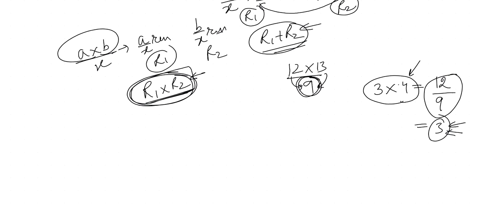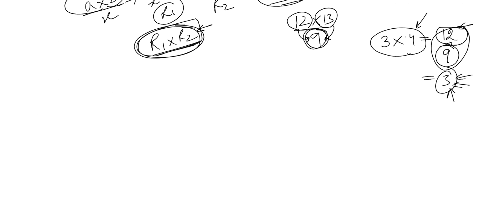But remainder cannot be more than the divisor. So in that case, you divide that product or sum once more by the divisor, and whatever remainder you get, that's your final remainder. So the point is, end of the day, you can add the remainders, you can multiply the remainders, no problem.